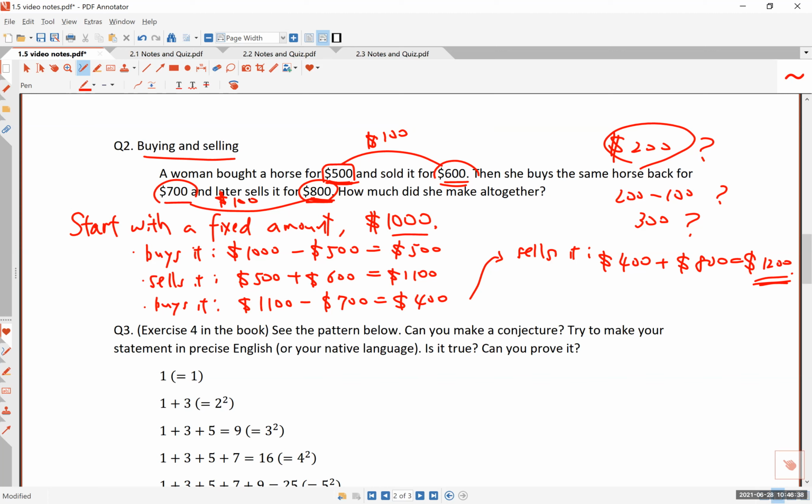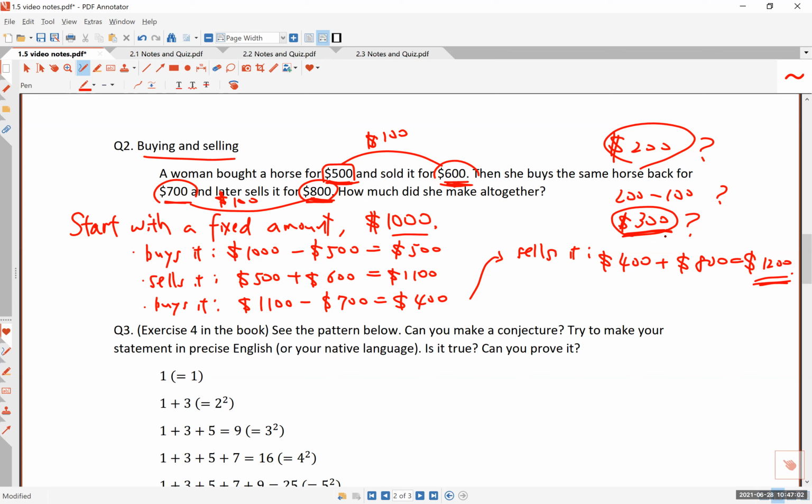So what happened to the $100? Okay, well, if you want to consider the loss of $100 here, because she sold the horse for 600 and bought it back herself for 700, well, then what you can do is to calculate 300 minus 100, because from the beginning to the end, there is a gain of $300, right, in the price of the horse.